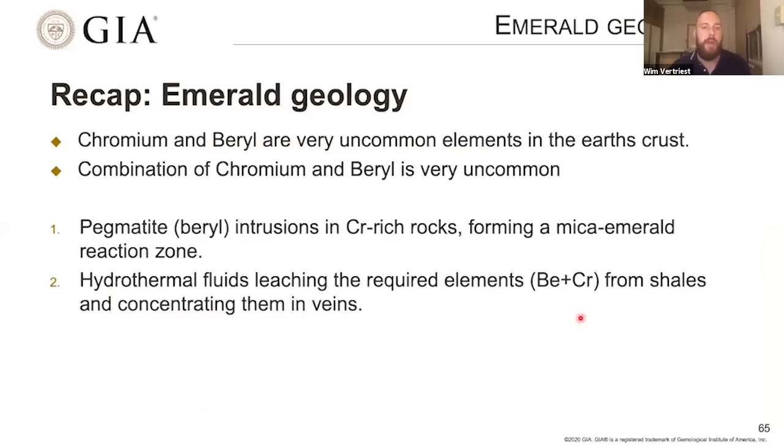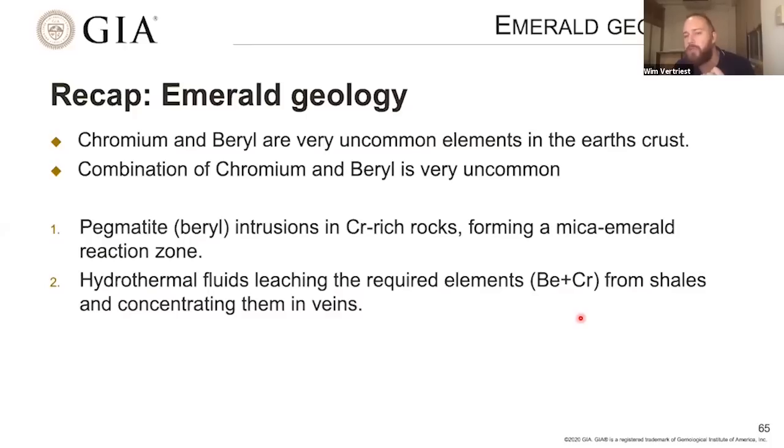So just to recap for emerald geology, we need chromium and we need beryl. And basically for beryl, we need beryllium, and chromium and beryllium are very uncommon elements in the Earth's crust. And even when you find them, chances of finding them together are very, very uncommon. And that is what makes emerald geologically so special, because it's really the best of both worlds brought together, forming this magnificent gem.